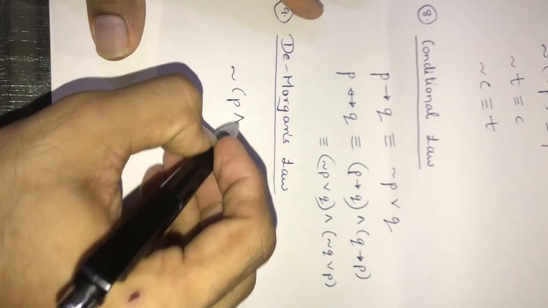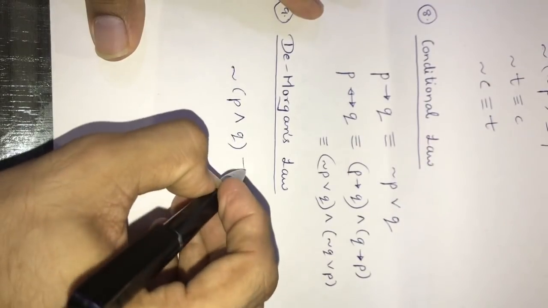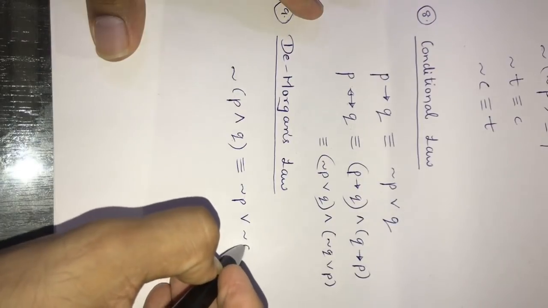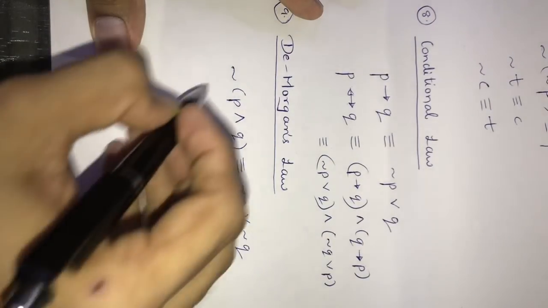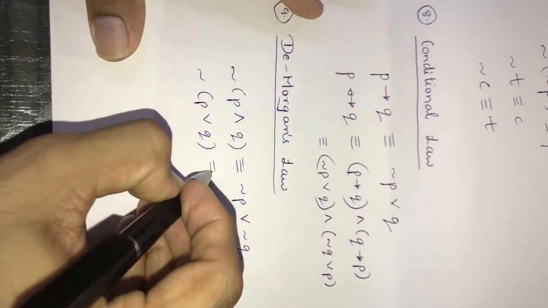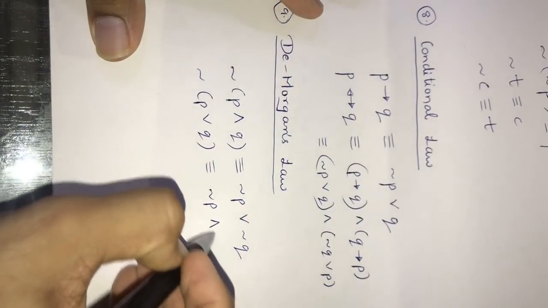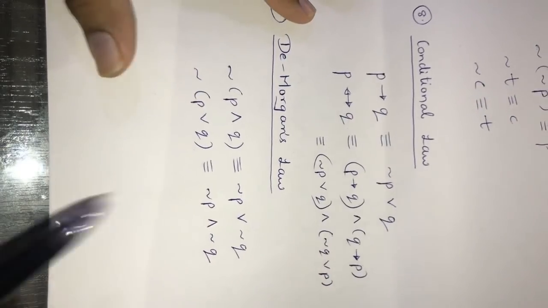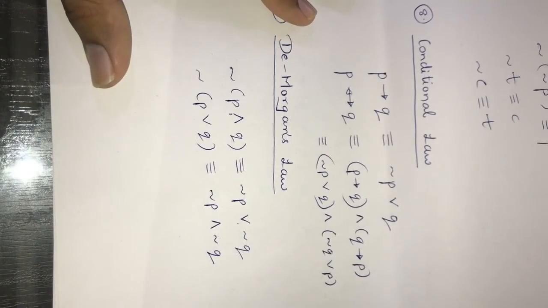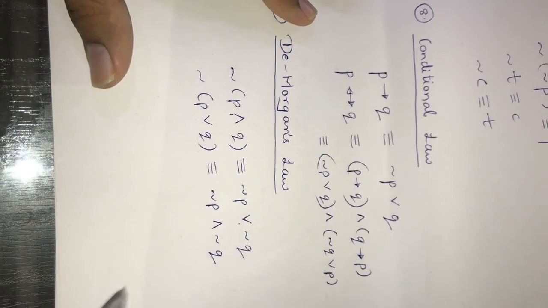That is negation of P and Q is logically equivalent to negation P or negation Q. Negation of P or Q is logically equivalent to negation P and negation Q. So and becomes or, or becomes and, and then the negation moves inside. That is what De Morgan's law is.